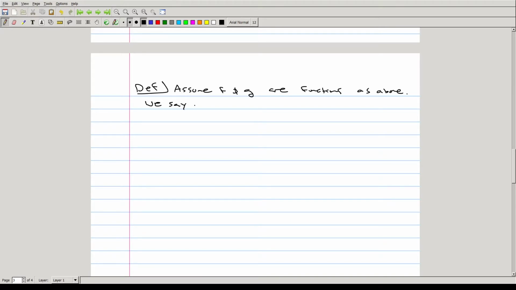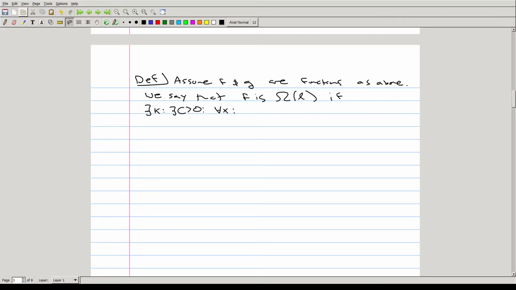We say that f is big omega of L if there exist constants k and c such that for all x, if x is greater than k, then the absolute value of f of x is greater than or equal to c times the absolute value of L of x.